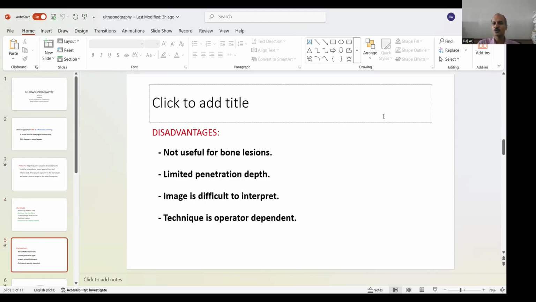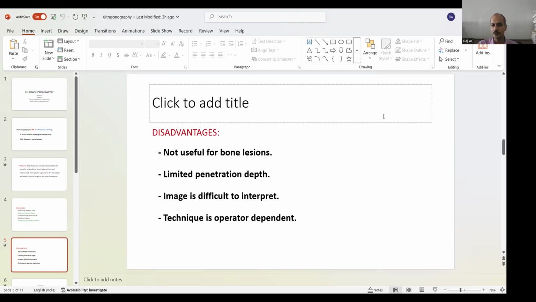Disadvantages: it is not used for bone lesions because the sound wave cannot penetrate bone and image it. It has limited penetrative depth. So very deep lesions are very difficult to image with ultrasonography, whereas for soft, superficial lesions and superficial cysts, it is very good. Superficial in the sense which is close to the skin.